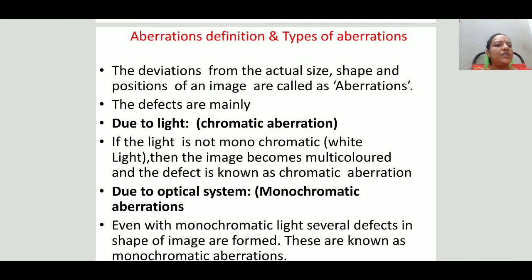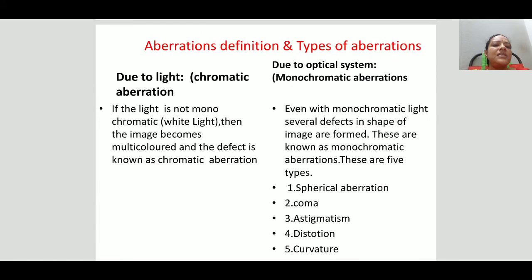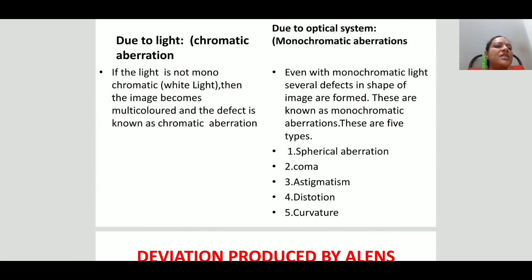If we use monochromatic light instead of white light, we still get defects due to the optical system. That depends upon the lens and the position of the object. In total, these monochromatic aberrations are 5 types: spherical aberration, coma, astigmatism, distortion and curvature.